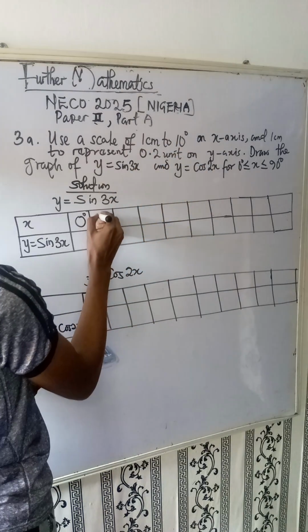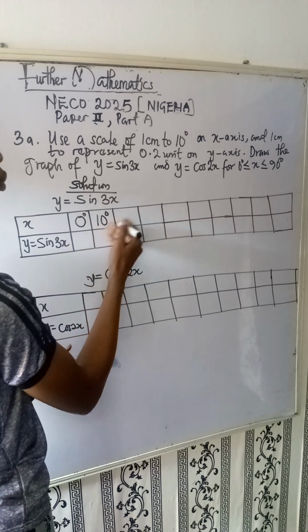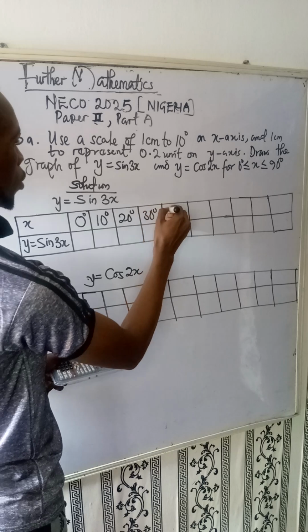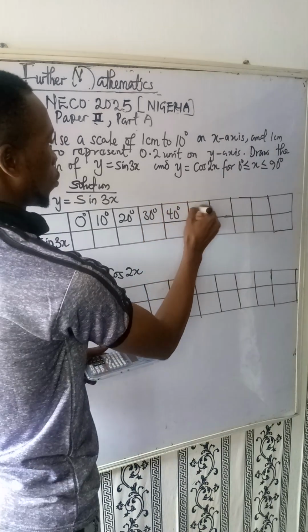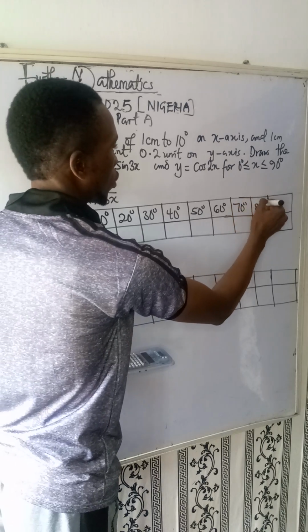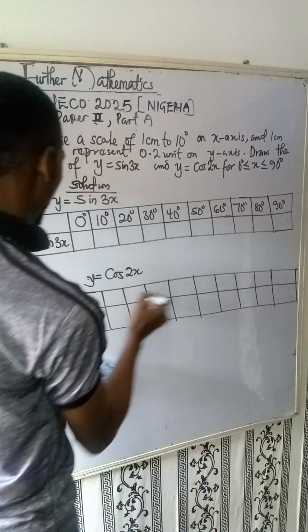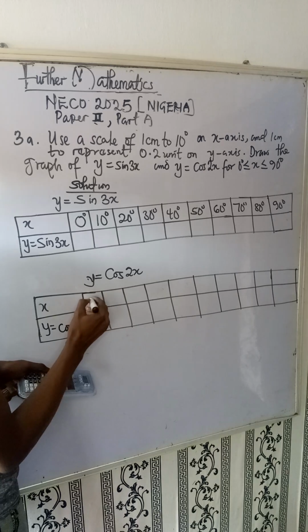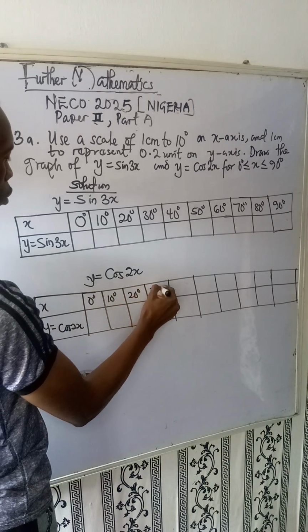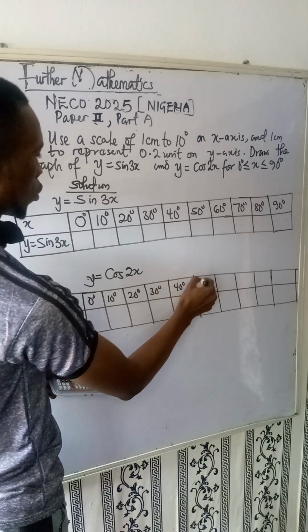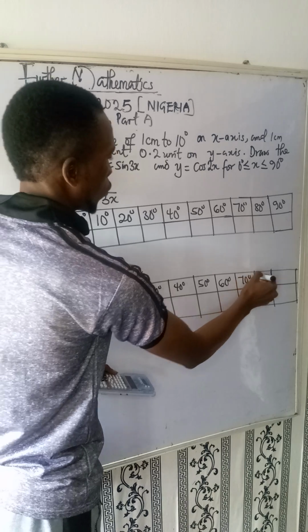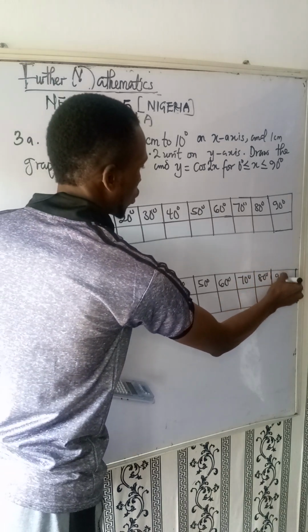So it will be 0 degree, and you use 10 interval: 20 degrees, 30, 40, 50, 60, 70, 80, and 90. You do the same thing for cos 2x: 0 degree, 10, 20, 30, 40, 50, 60, 70, 80, 90.